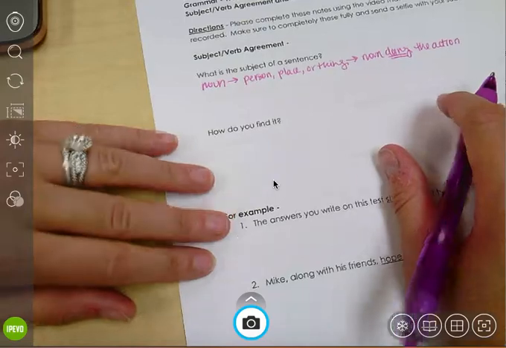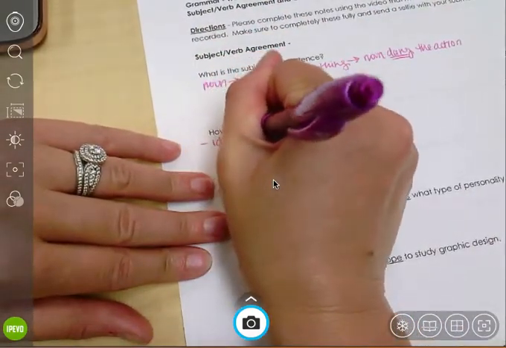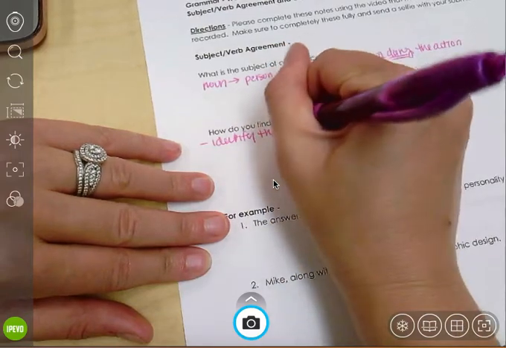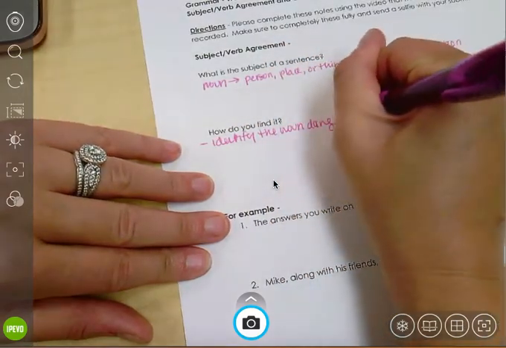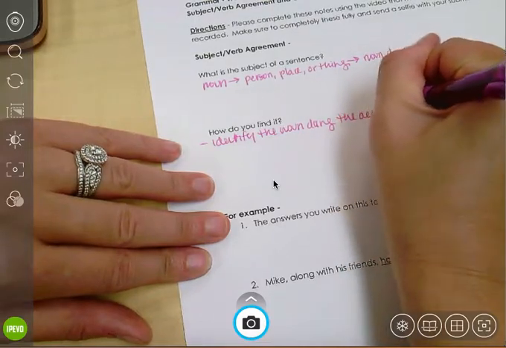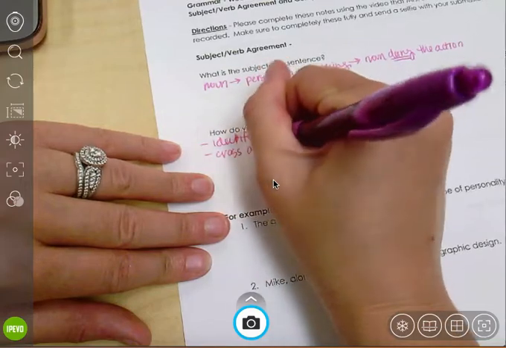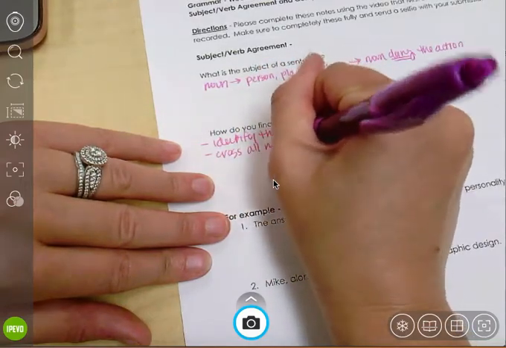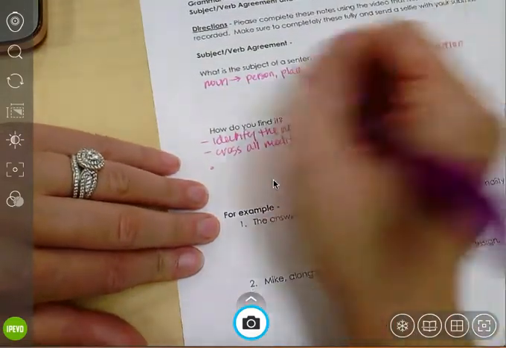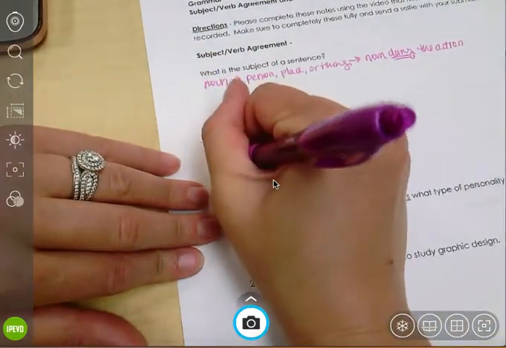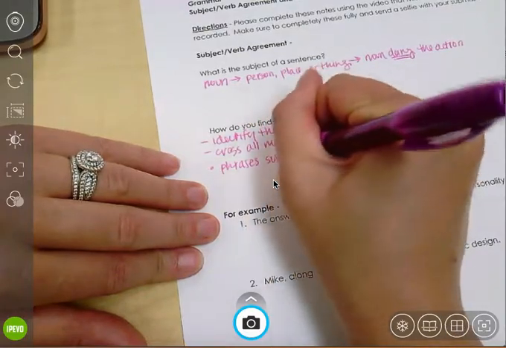And so how do you find it? You need to identify the noun doing the action. You need to cross out all modifiers. This might be phrases surrounded with commas.